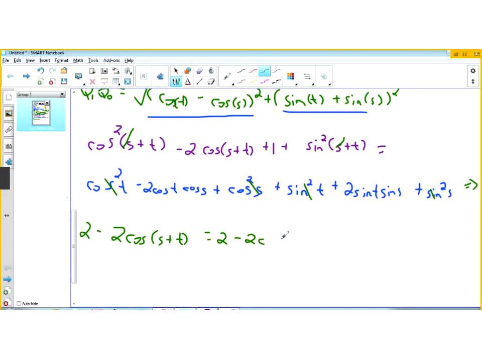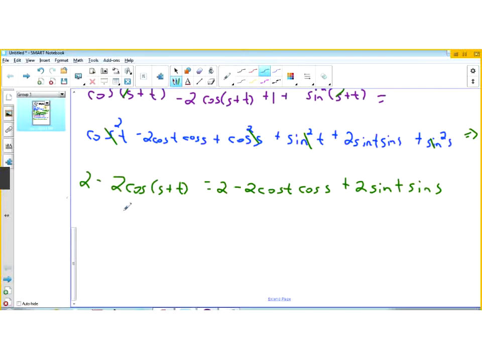minus 2 cosine t cosine s plus 2 sine t sine s. Before we divide both sides by -2, we can see that these two terms cancel because they're the same on both sides of the equation.